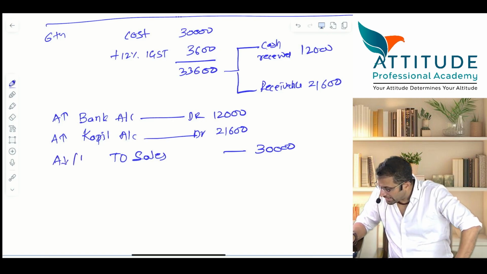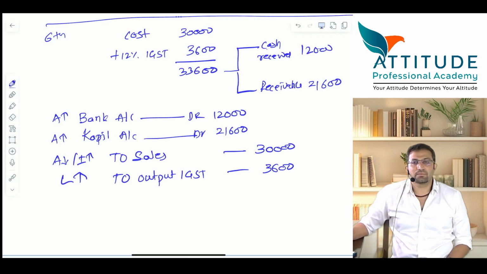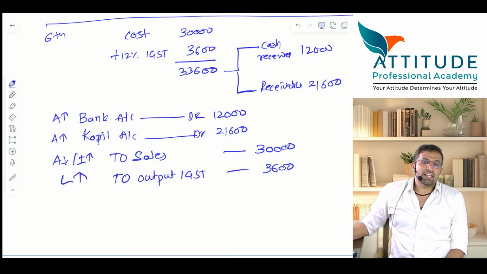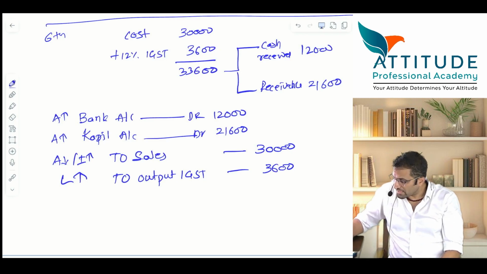Asset reduces or income increases. Then to output IGST payable to the government. This is my liability increase. Clear? Any difficulty? Next.